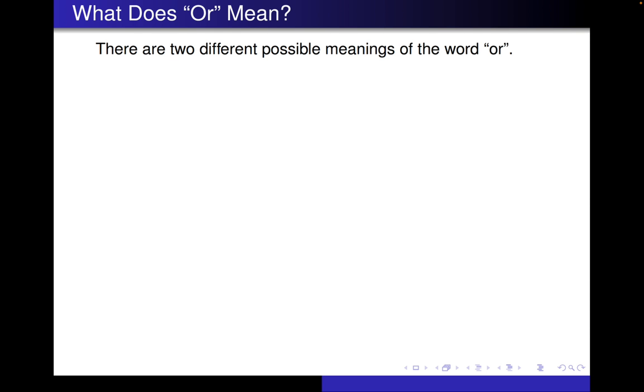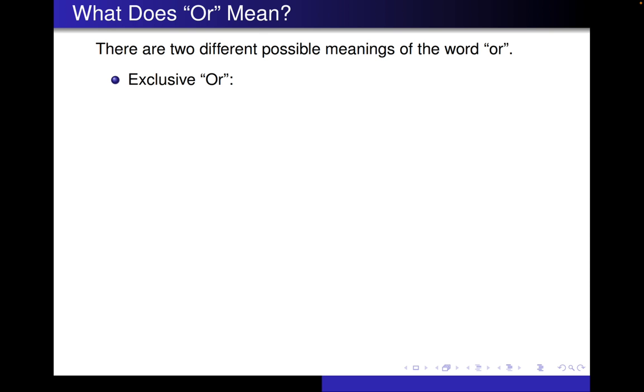And I really want to explain carefully what or means in the context of this class, because in the life you live outside of this class, the word or can mean at least two different things. The first or I'm going to talk about is what's called the exclusive or.